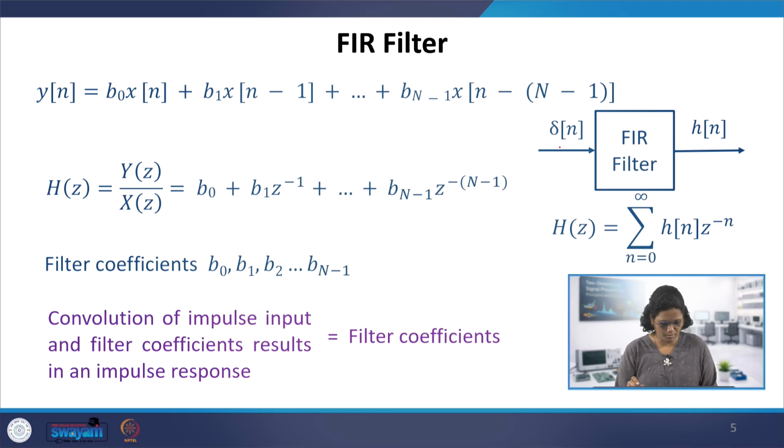If we apply the impulse input, the convolution of delta of n with the filter coefficients results in the impulse response, which is nothing but the filter coefficients themselves. That's why it is called the impulse response, having the filter coefficients itself. So finding the filter coefficients for the given specification is nothing but the filter design.